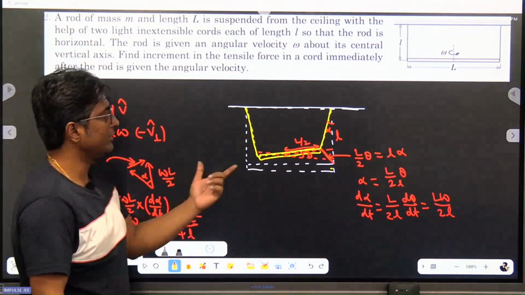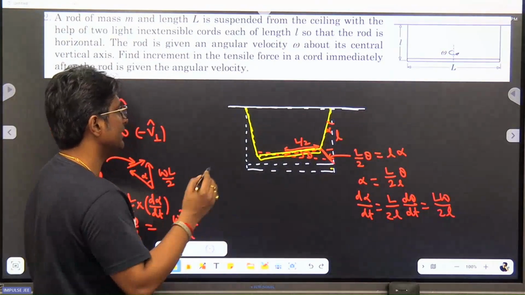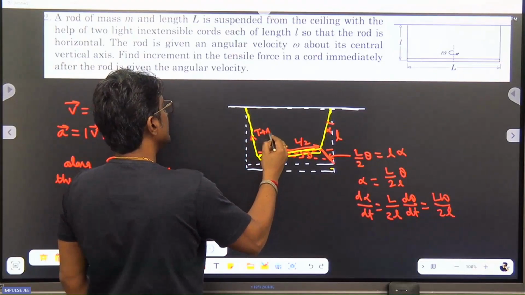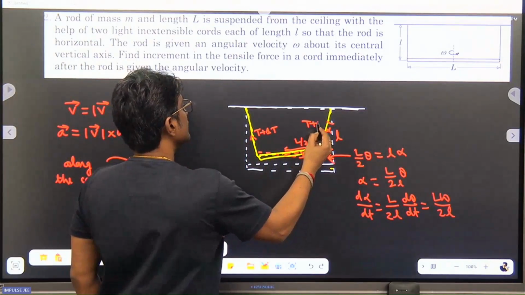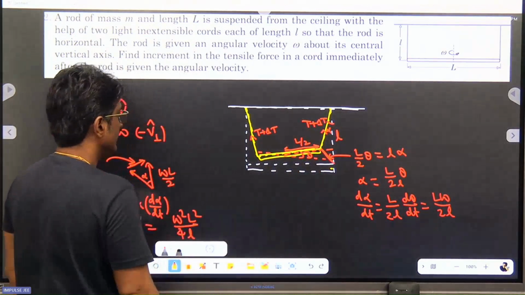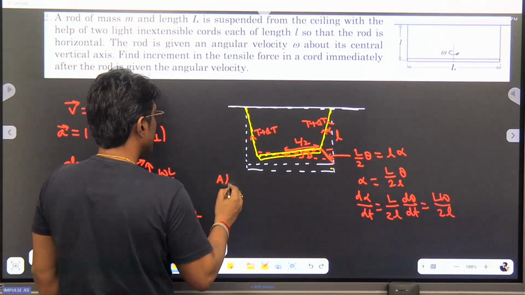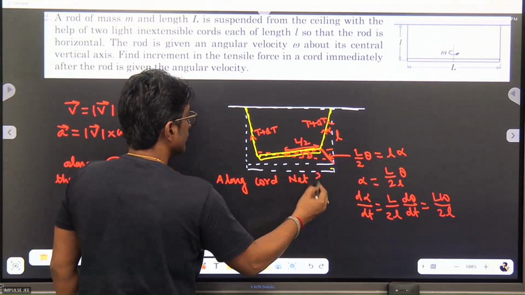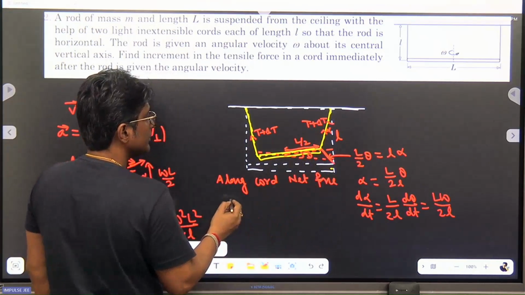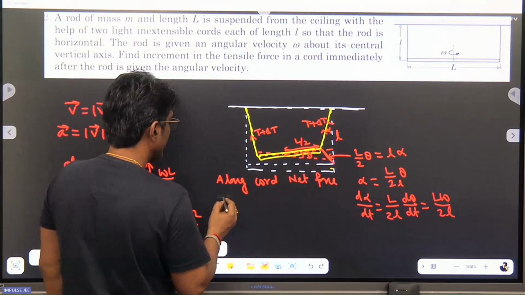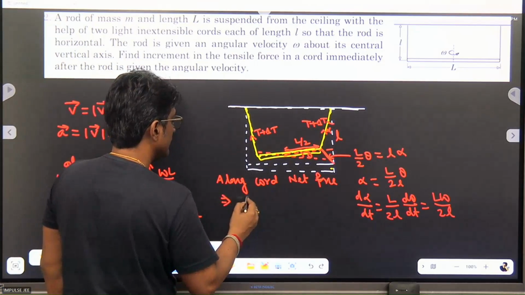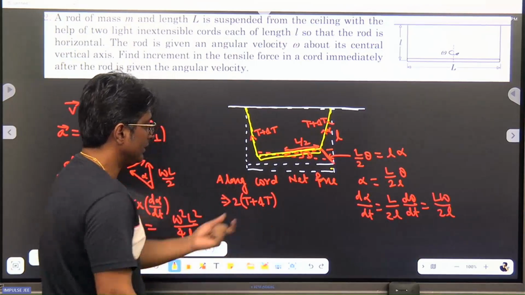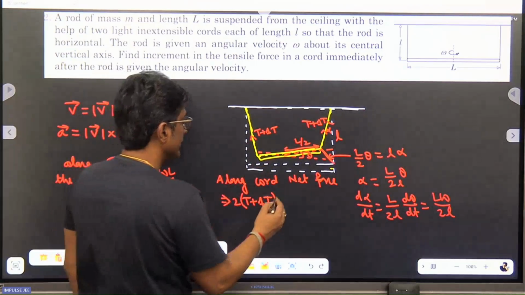Now if we write the force equation, suppose the tension becomes T plus delta T in both these strings. Then along the cord, the net force can be written as T plus delta T for both the strings.